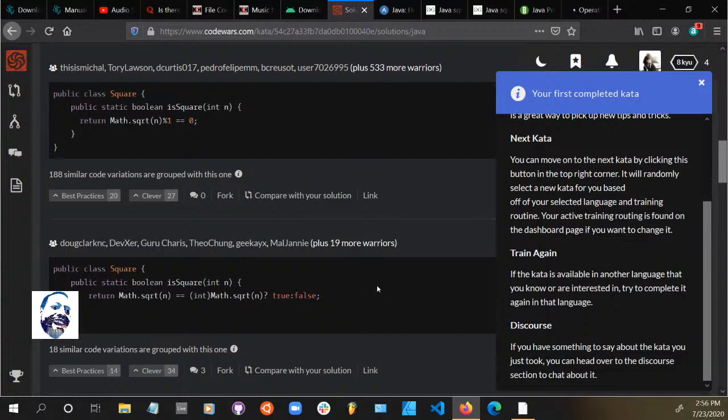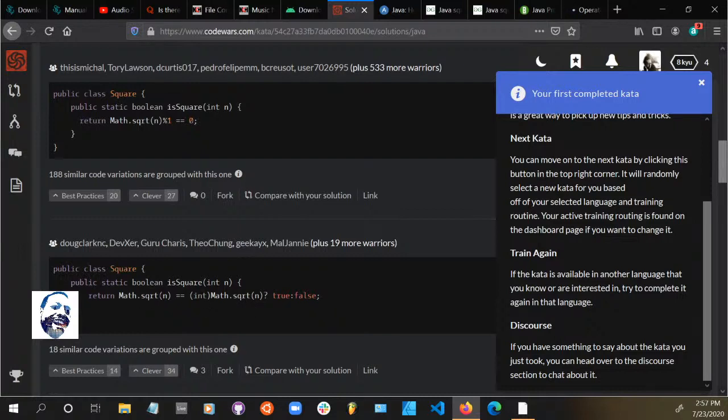Oh, that's weird. It's creative. I like it, but I'm trying to understand how he determines that. That's the square root of n, right? So let's say it's 25. This is gonna spit out 5. Now if it was 26, the square root is gonna be 5 point something, right? Then it's gonna be a n.